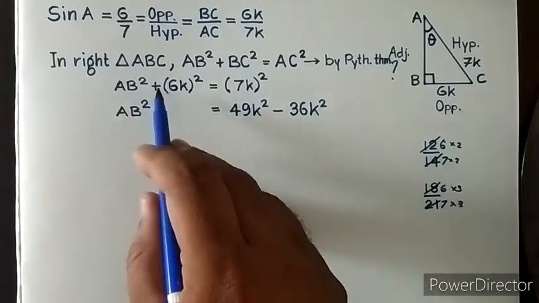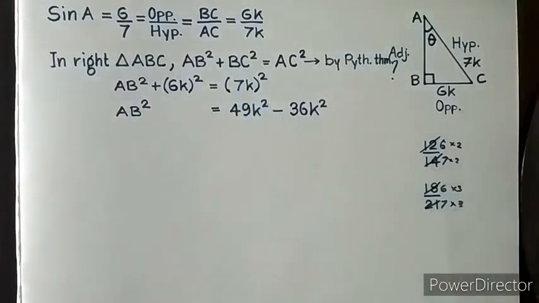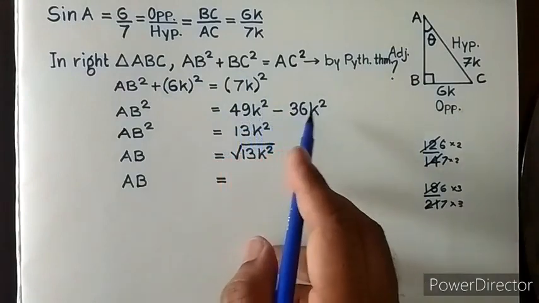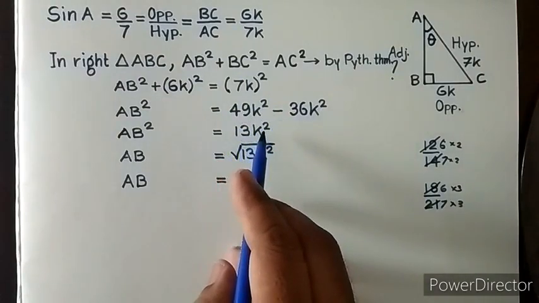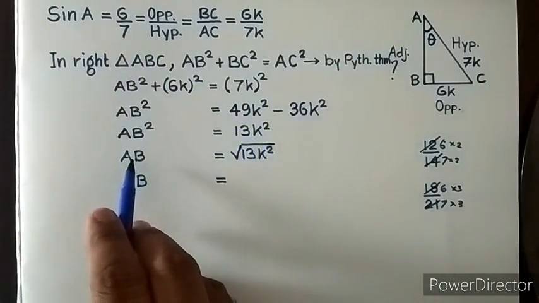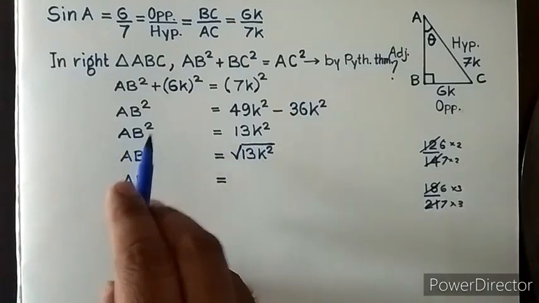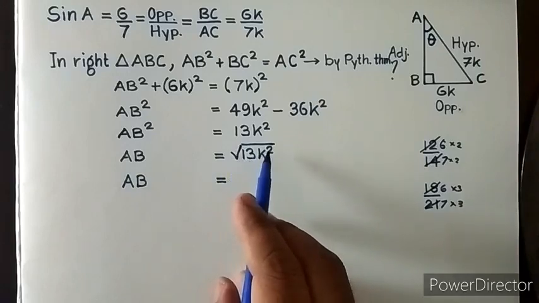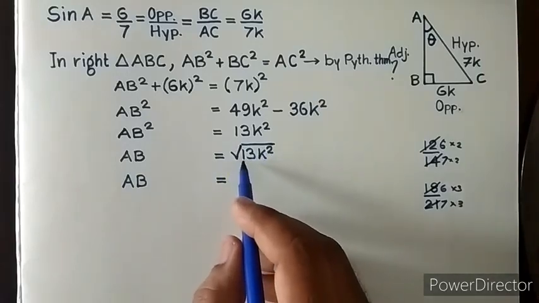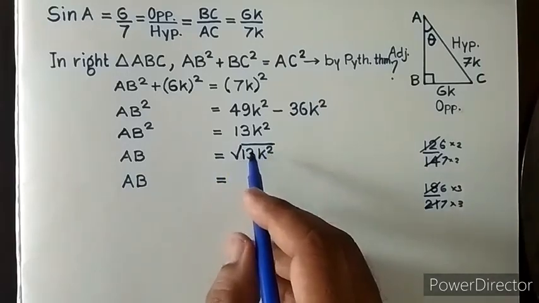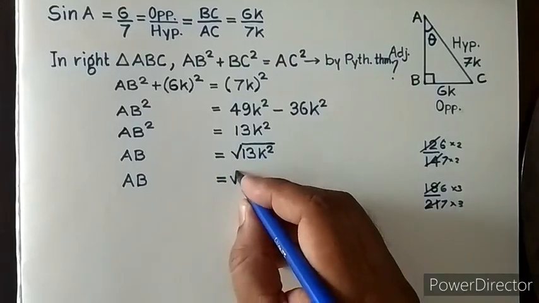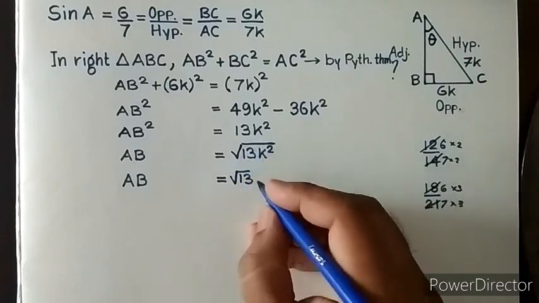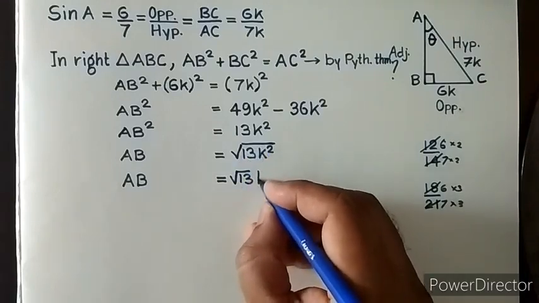So 49K square minus 36K square is 13K square. So AB square equals 13K square, taking the square to the other side, AB is equal to root of 13K square. And we know that 13 is not a perfect square, so it will remain as root 13. And for K, the square and root cancel, so it is root 13 K.